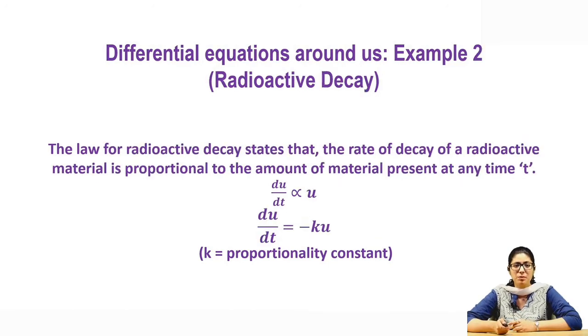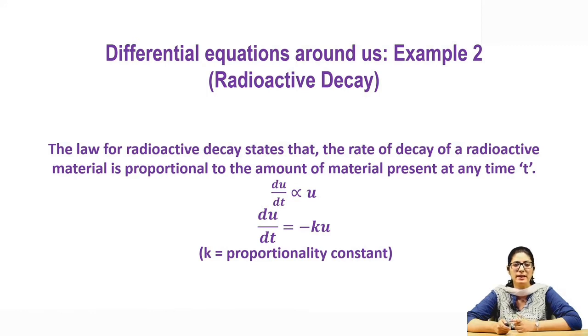The second example is radioactive decay. The law for radioactive decay states that the rate of decay of a radioactive material is proportional to the amount of material present at any particular time. If we represent the radioactive material by the symbol U, the rate of change is represented by du by dt.